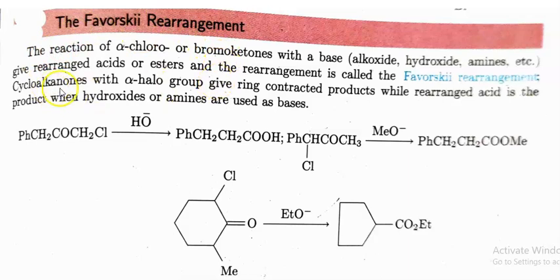So cycloalkane with alpha halo group gives ring contracted products, while an acid is the product when hydroxides or amines are used as bases.